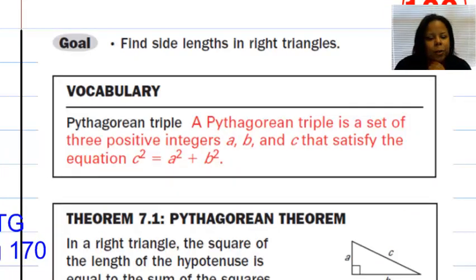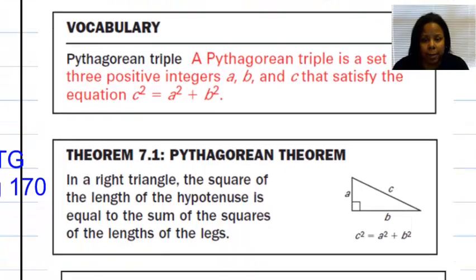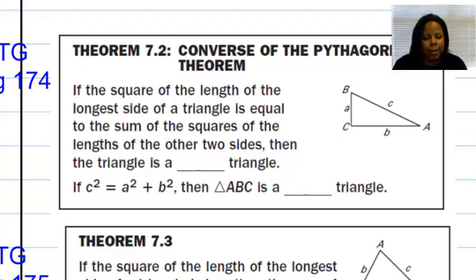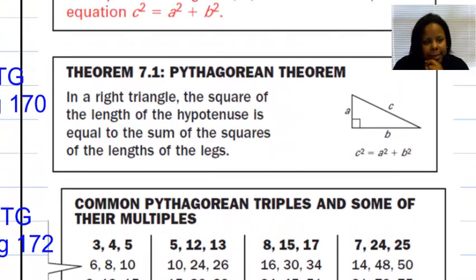Now the notes on page 109, as we can see, they start off with talking about Pythagorean triples and what Pythagorean theorem is. But then we have what's called the converse, because remember the Pythagorean theorem says in a right triangle, the square of the length of the hypotenuse is equal to the sum of the squares of the legs.